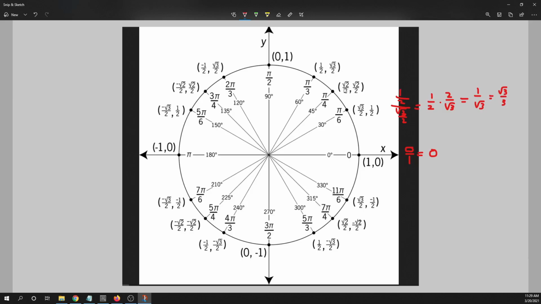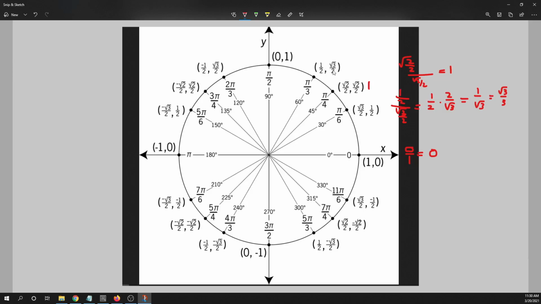All right, this one would be square root 2 over 2 over square root 2 over 2. And that's just equal to 1, right? Because any number divided by itself is 1.